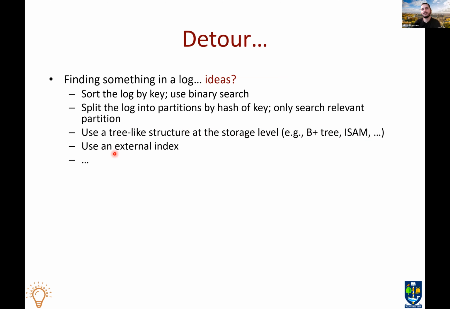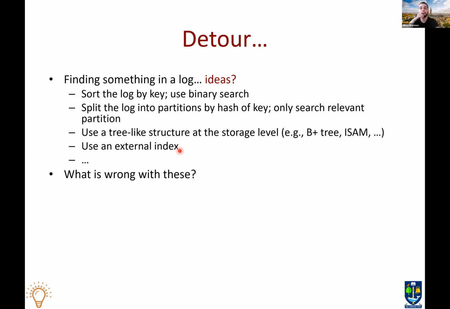Using an external index, well, we said that could probably solve the problem with reads. Still, we need to maintain that external index. That would add space, time and complexity. That would add a bunch of things. And probably my write throughput would be going down the drain.